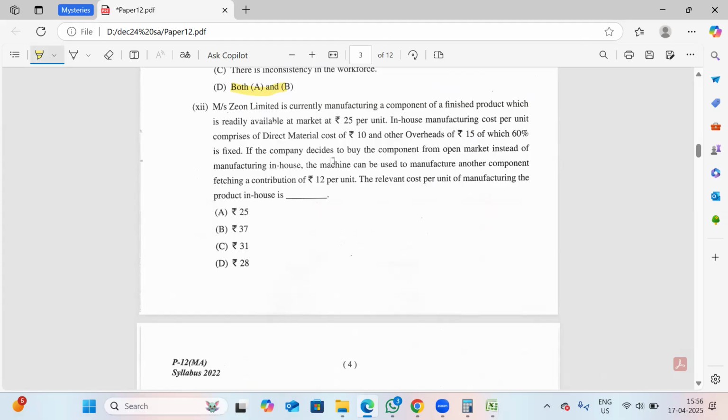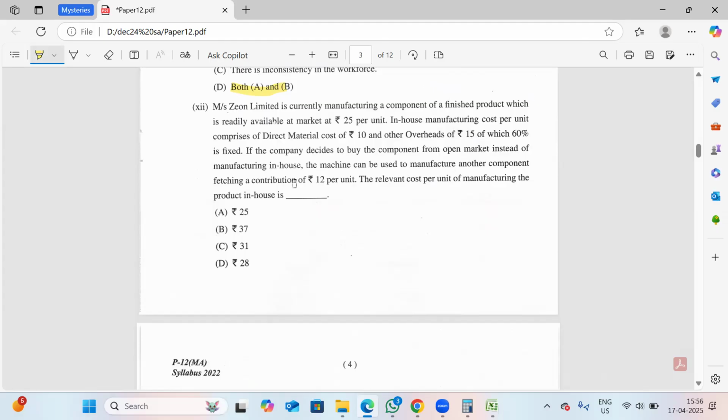If the company decides to buy the component from the open market, instead of manufacturing in-house, the machine can be used to manufacture another component fetching a contribution of 12 rupees. So that machinery will be used for 12 rupees per unit, they have mentioned.